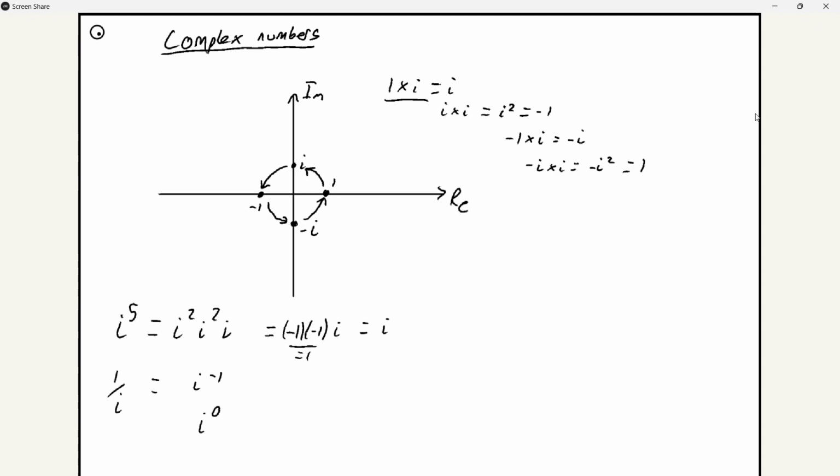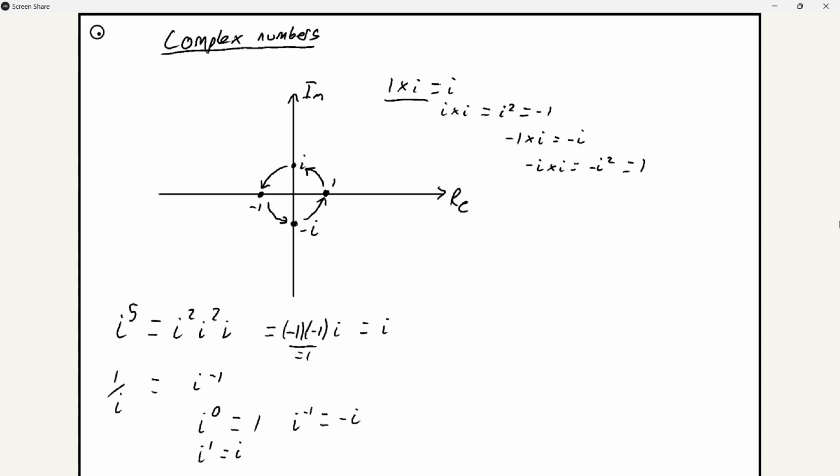So let's say we've got i to the power 0. Anything to the power 0 is 1. And i to the power 1 is just i. So that's going in this direction, starting from i to the power 0. But we want i to the power minus 1, which is going in the opposite direction of these arrows. So it's minus i in this case.